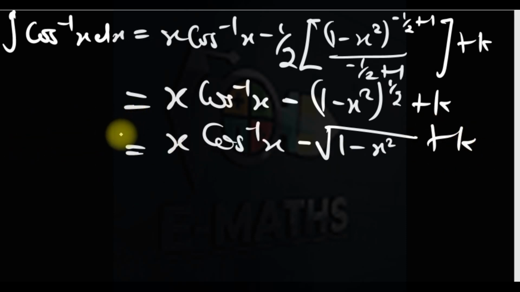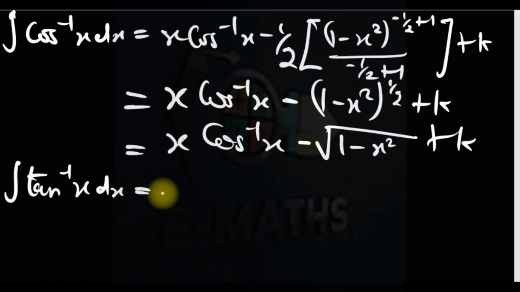So let's do the third one. The third one is the integral of arc tan of x dx. So using our integration by parts, my u is this and my dv is that. So I have u, which is arc tan of x. Our dv is dx. If you integrate dx, it is x, so our v is x.